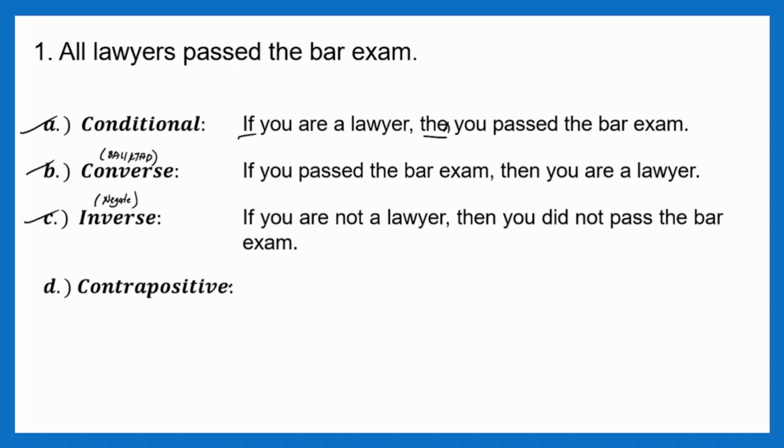Kasi, supposedly, babalik ka sa conditional. Yung conditional, di ba ito ay combination kasi, combine. Ibig sabihin, combine ng converse at ng inverse. Okay? So, try ko muna. Baliktarin ko muna to.